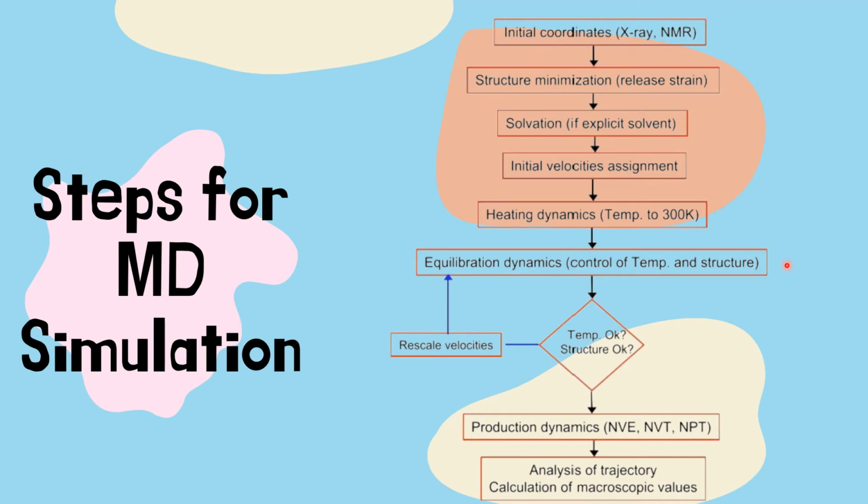After that, the equilibrium dynamics such as the control of temperature and structure was set, and if the temperature and structure were okay, the production dynamics such as NVE, NVT, NPT ensemble was used. And in the last step, the analysis of trajectory and calculation of macroscopic values was done at the end of the molecular dynamics simulation.